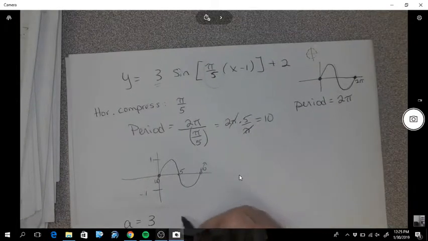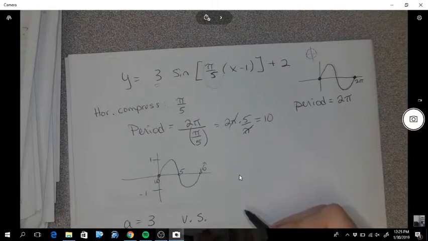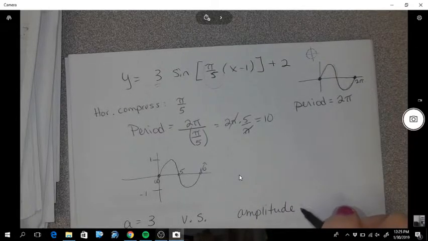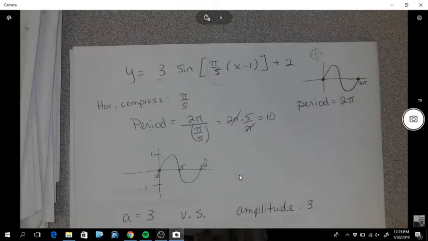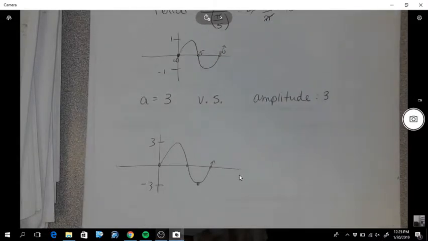So that's our vertical stretch, and that is going to be called our amplitude. So now what does it do? This is going to be up at 3 and this is going to be a low of -3.